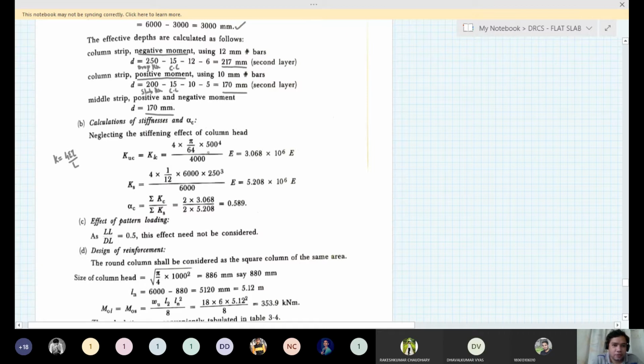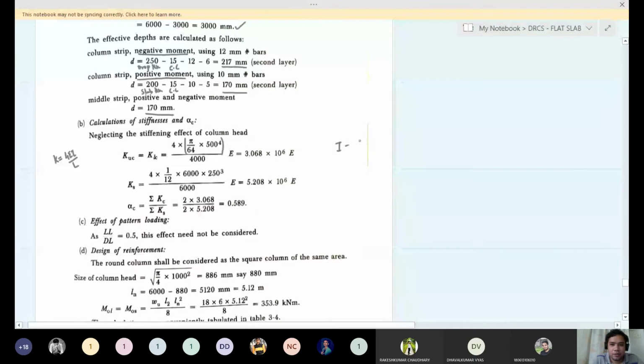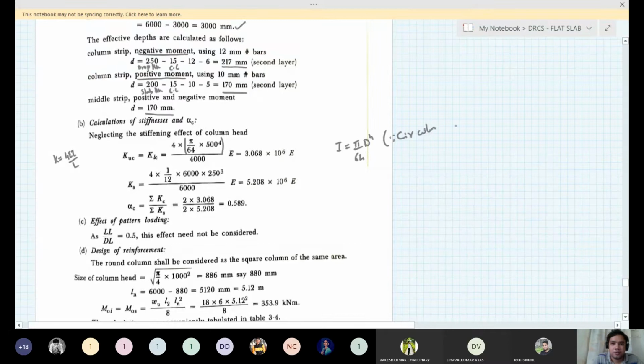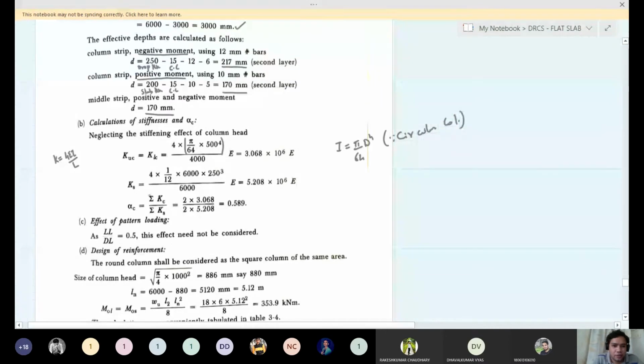And since the columns are circular, the I value, that is moment of inertia, is pi by 64 d raised to 4, because circular columns are there. Then stiffness of the slab is 6 meter by 250 whole cube whole divided by 600.